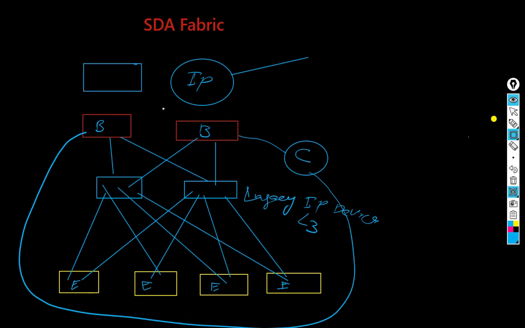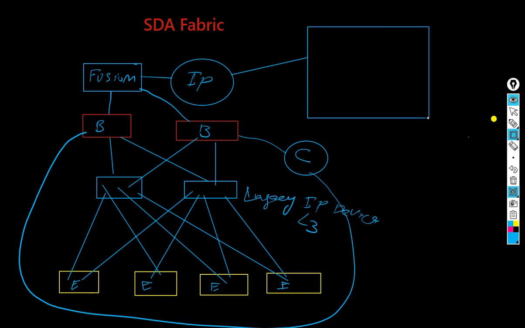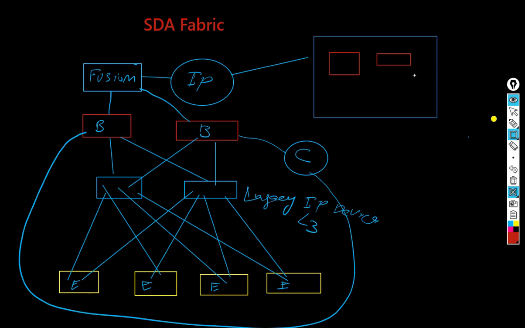On top of that, we have what we call the concept of a fusion device. Fusion is essentially a device which sits outside the fabric, and it connects to the rest of the IP network of the enterprise. It is a sort of gateway and a proxy between the fabric and the rest of the enterprise network.